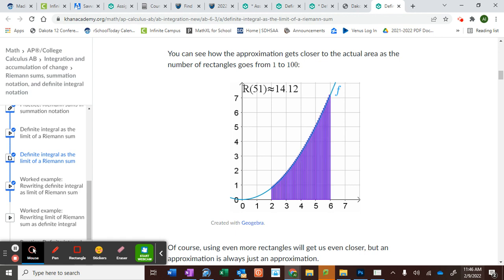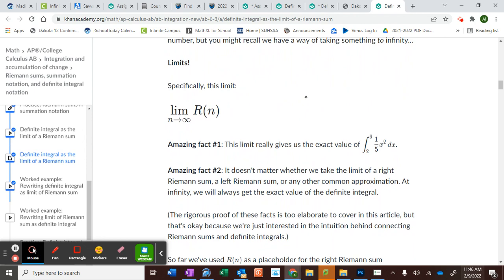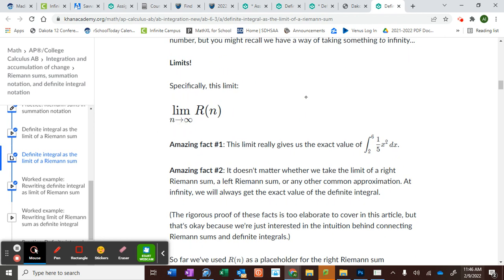See how we started with an approximation of 28 when we had one rectangle, and it gets down to basically 14. The area under this curve would be probably 14. So as the number of rectangles goes towards infinity, then we get an actual area under a curved surface.